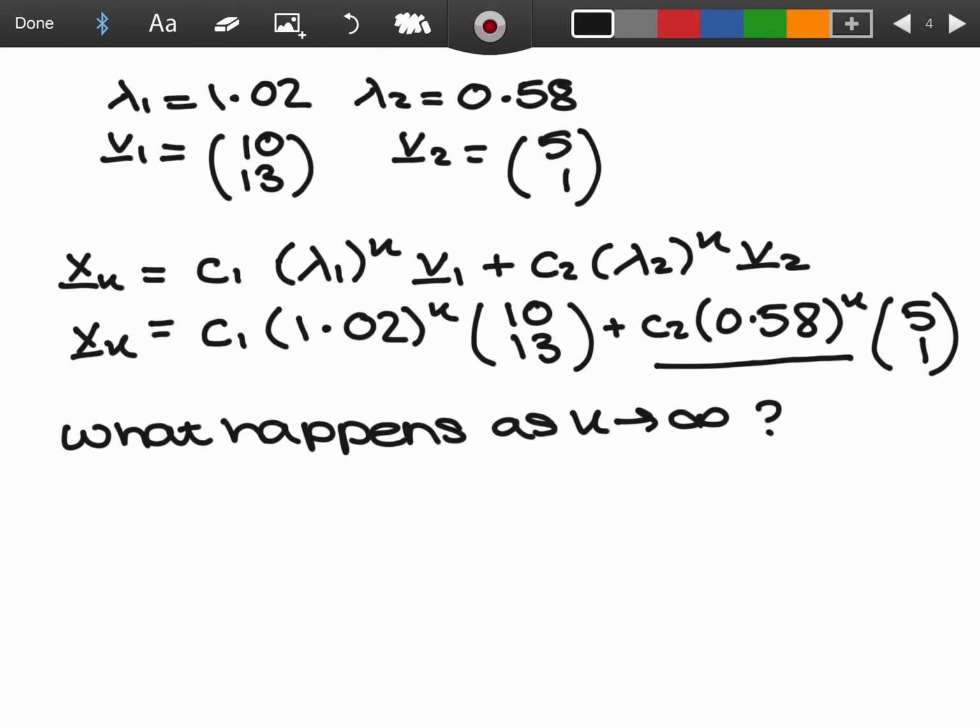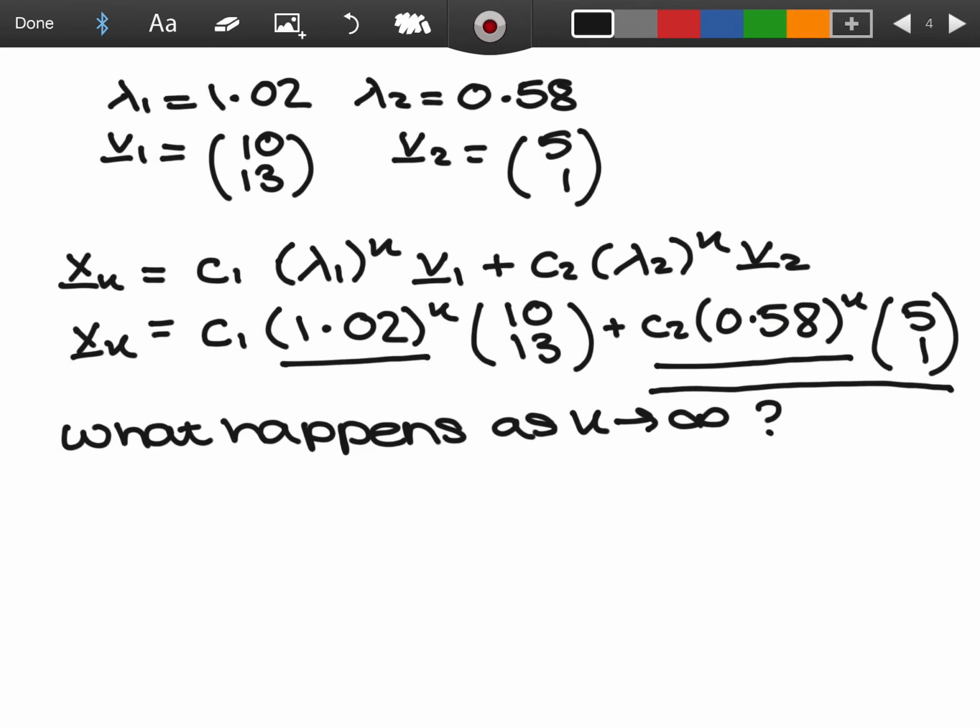This thing here, 0.58 to the k, the larger the k is, the closer that thing's going to get to 0. If you don't believe me, plug it into a calculator with a sufficiently large k on it. It's going to get really, really close to 0. So as k goes to infinity, this whole term is going to tend to 0.